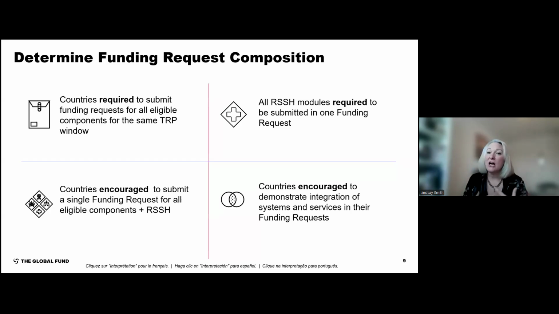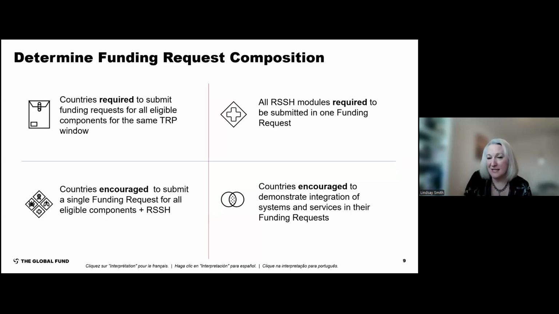So we've seen a lot of joint TB and HIV funding requests, and that's great. We would encourage you to consider developing one single funding request for all of your eligible components and RSSH in one document for the coming funding cycle, for Grant Cycle 8.